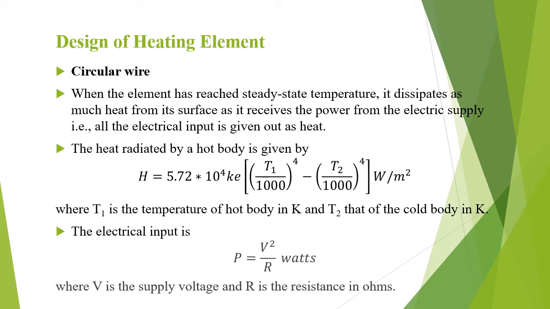So the heat radiated by the hot body is given by H equal to 5.72 into 10 to the power 4 Ke into (T1 by 1000 to the power 4 minus T2 by 1000 to the power 4) in watt per meter square, where T1 is the temperature of the hot body in Kelvin and T2 is the temperature of the cold body in Kelvin. The electrical power input is given by P equal to V square by R in watts, where V is the supply voltage and R is the resistance in ohms.